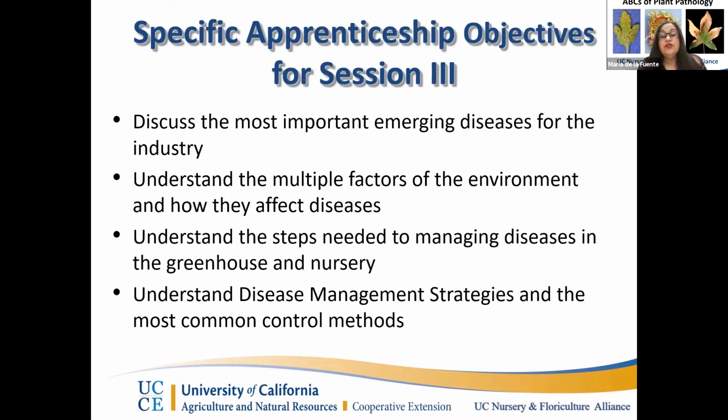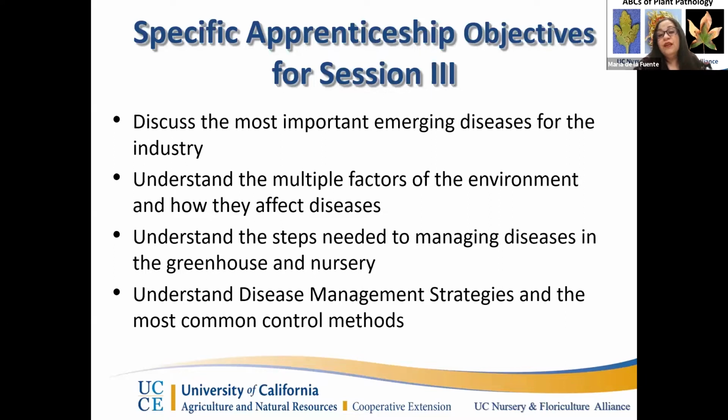So for this session, the specific objectives are to discuss the most important emerging diseases. This is kind of weird, because some of those emerging diseases are already here with us.